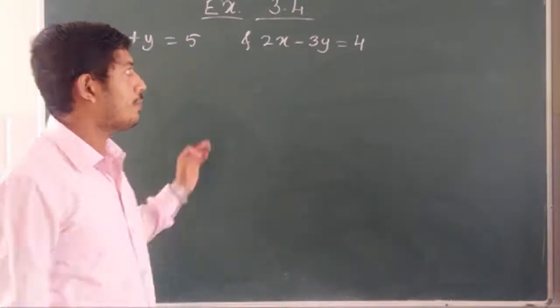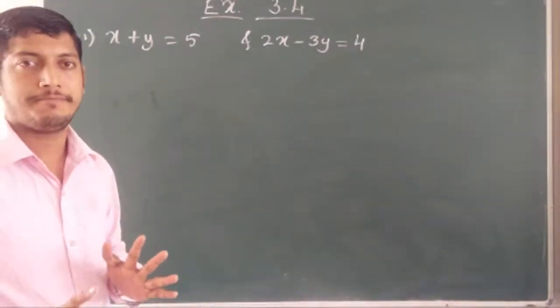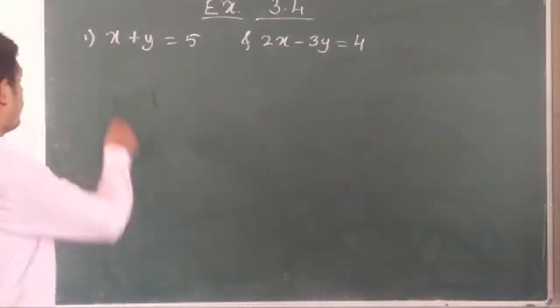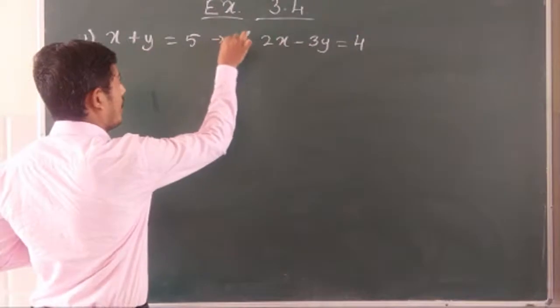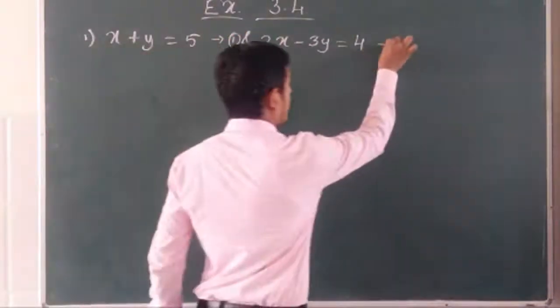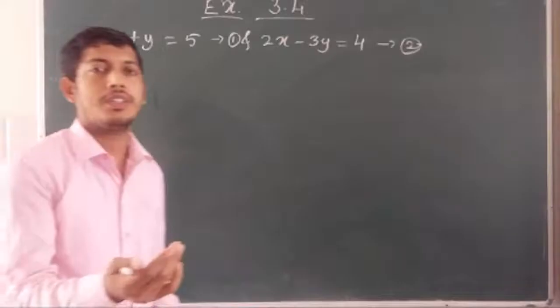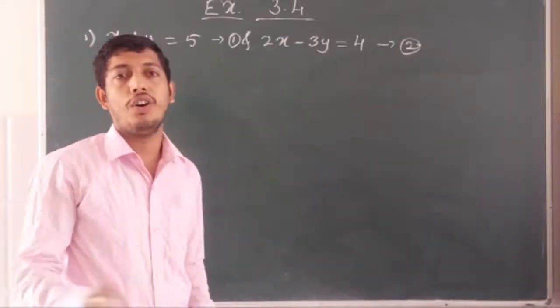Now in this problem we will solve both methods. First I will solve by the elimination method. I will consider this as equation number 1 and this as equation number 2. Elimination method means we have to consider either addition or subtraction.